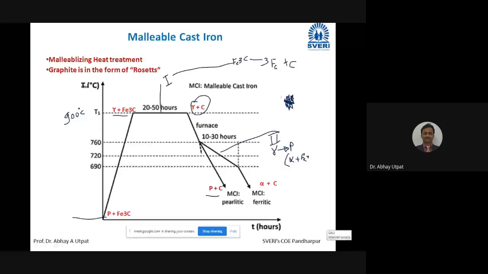And this cementite decomposes into C plus C. The structure is alpha and C. The structure is alpha and C. Malleable cast iron.